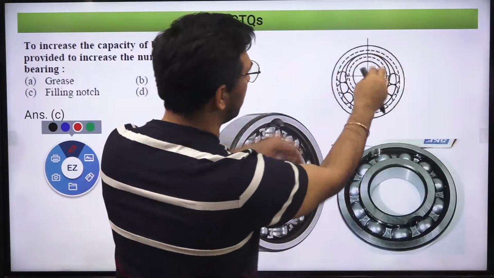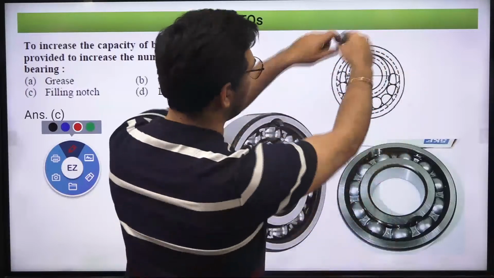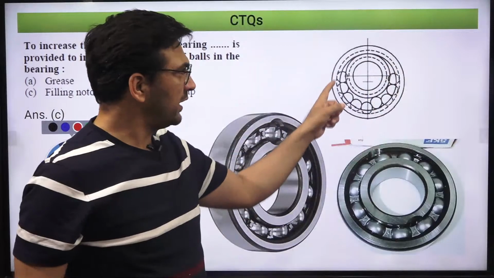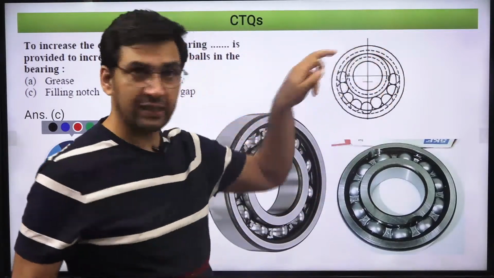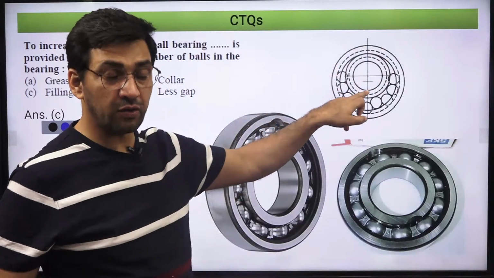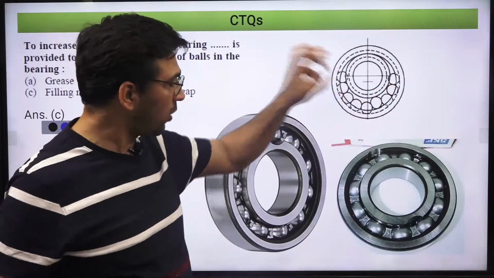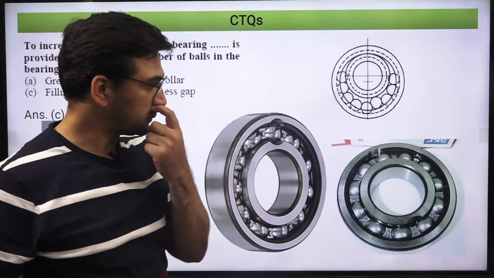Then we bring the inner ring downward and adjust it, and then we provide the cage and all that. It means by this method, a limited number of balls can be introduced between this ring and this ring. This is the method of filling the balls inside the two rings of the ball bearing.